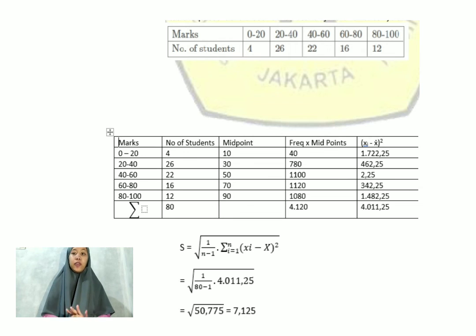So the standard deviation equals the root of 1 over (80 minus 1) times 4011.25, equals the root of 50.775, equals 7.125.